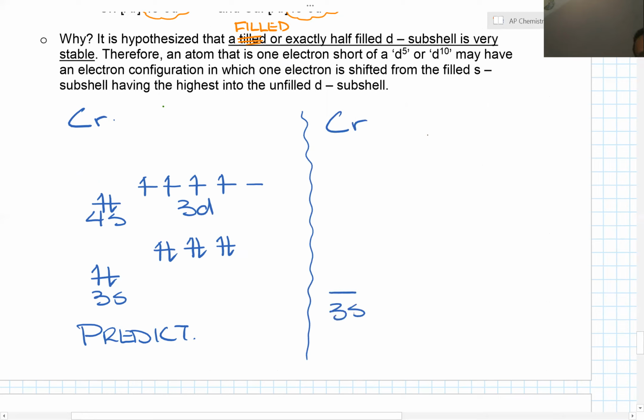We have our 3s, 3p, this is also 3p. We would have our 4s, and it would look something like this.